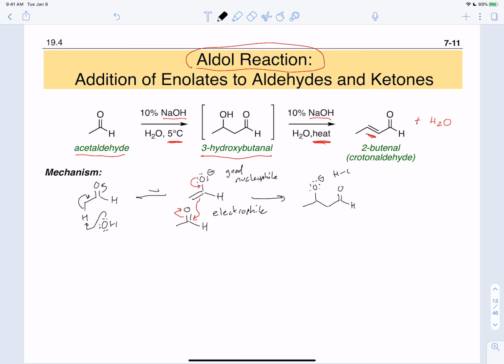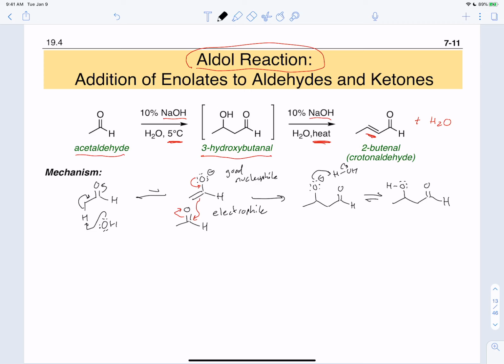Where now water is around in solution, and it will regenerate our hydroxide. I can keep those electrons there and form the first product shown.